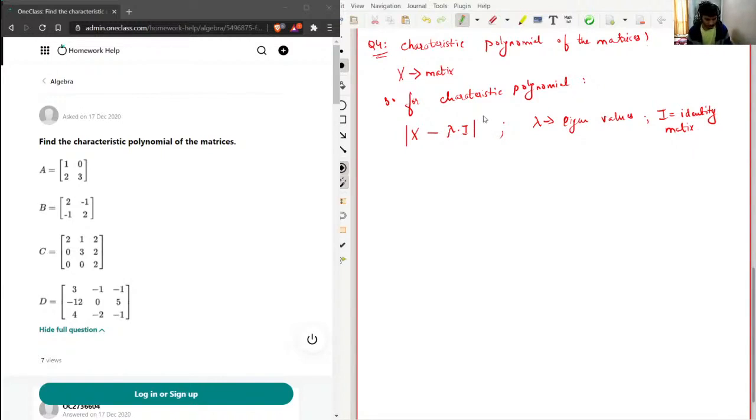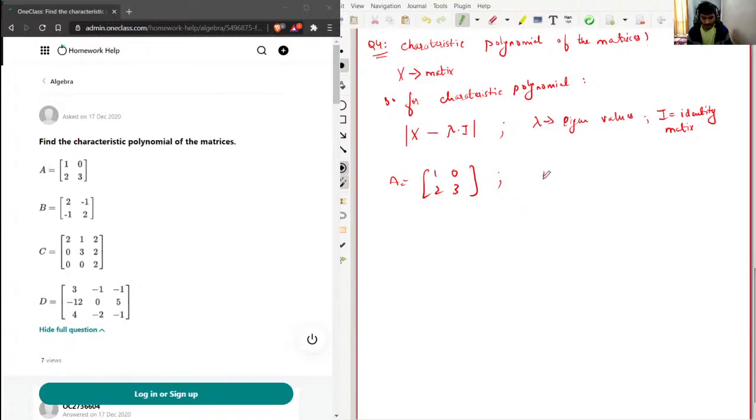So what I have to do, I'll just start with the first part. Just a minute. So the first matrix is the A matrix. It is given as 1, 0, 2, 3. So I'll just follow this procedure.